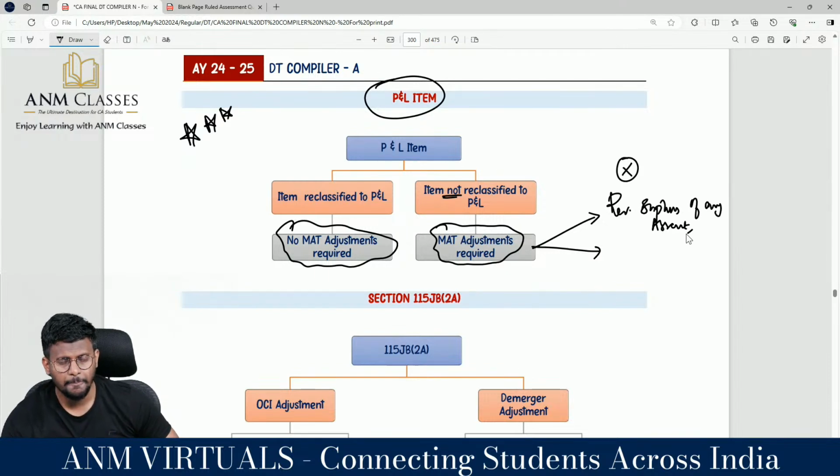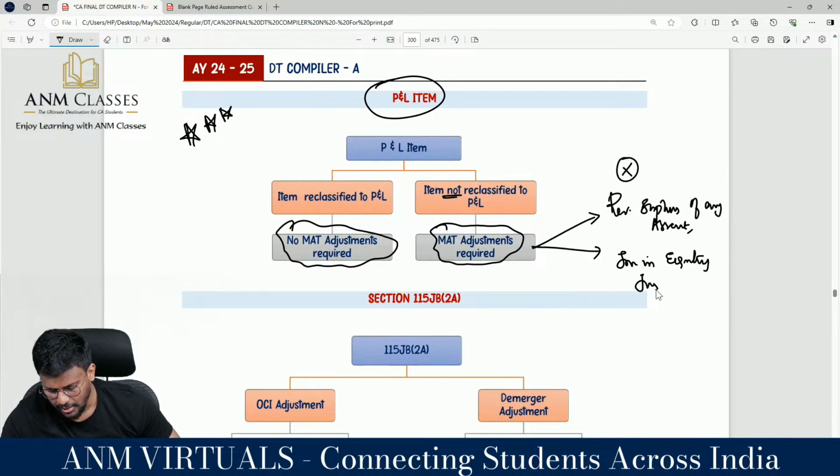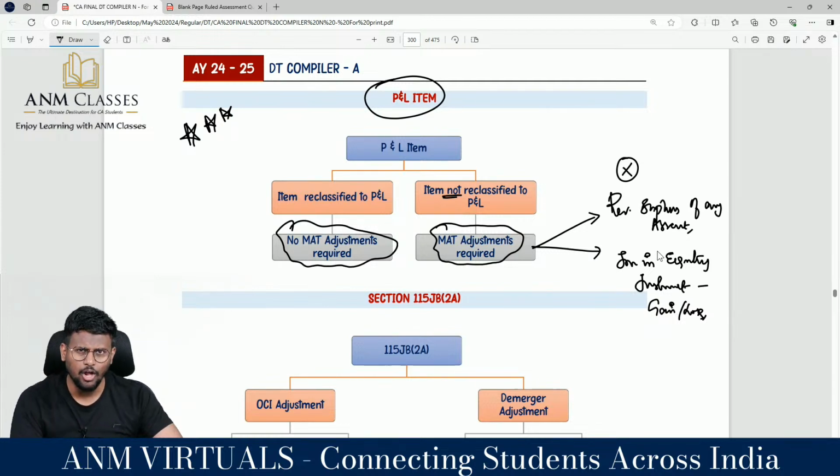Number two, equity instrument, investment in equity instrument, that is gain or loss on investment in equity instrument. That gain, that loss, you don't pay MAT. Now you pay MAT at the time of disposal, retirement, transfer or otherwise.